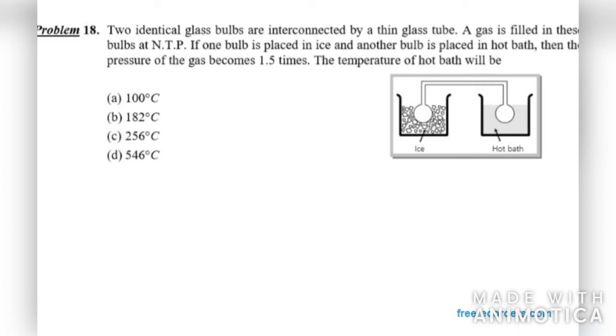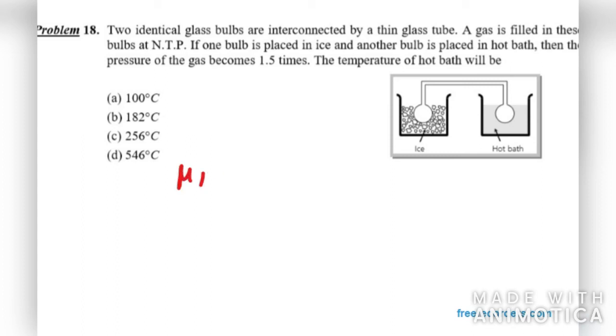Now, as the quantity of gas in these bulbs is constant, the initial number of moles in both bulbs and the final number of moles are equal. That means mu1 plus mu2 in the ice case is equal to mu1 plus mu2 in the hot bath case.